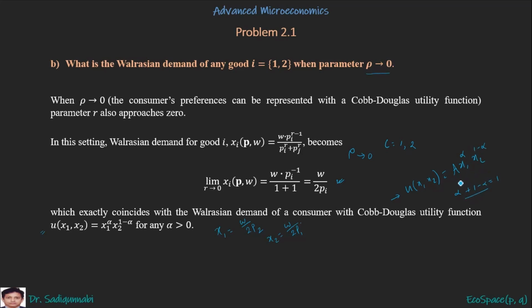Here you see that a equals 1 and x1 and x2 remain the same. So when we put rho equals 0, we get the Cobb-Douglas form, which exactly coincides with the Walrasian demand of a consumer with Cobb-Douglas utility function, where alpha is greater than 0.